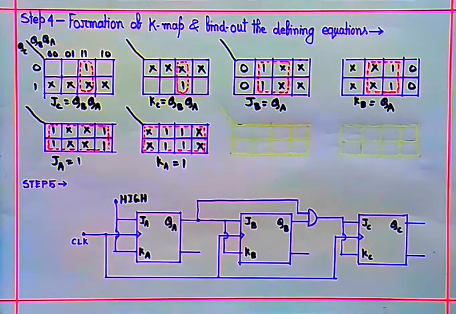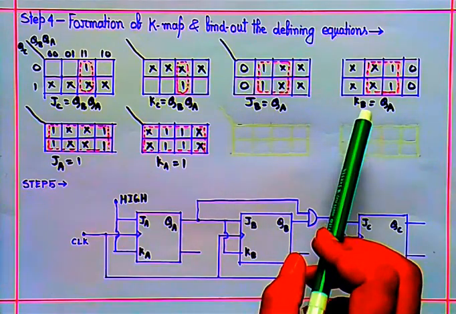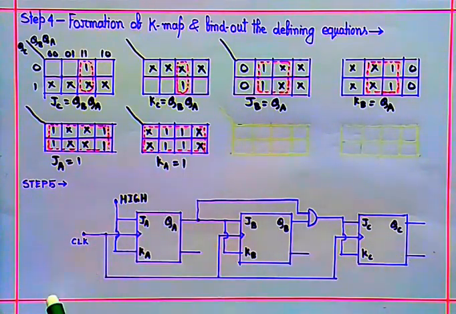In this slide I have repeated the previous step number 4. Here I have drawn all the K-maps in one place, and after drawing and calculating all the K-maps, you will get the values of JC, KC, JB, KB, JA, KA like this.